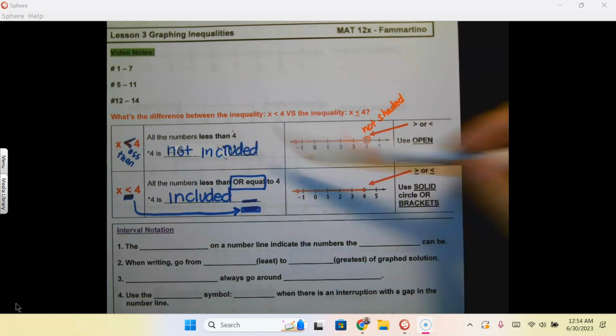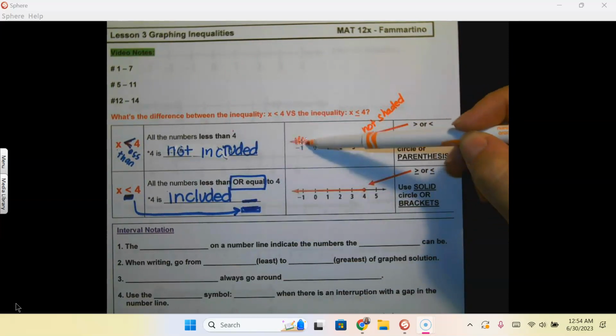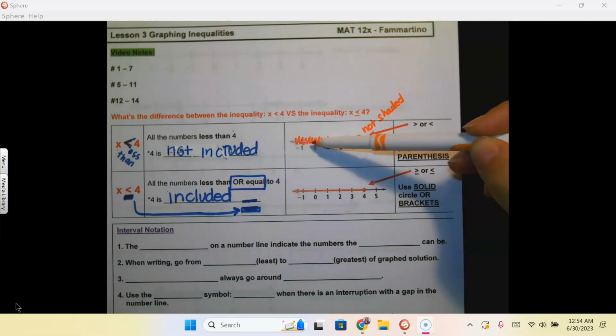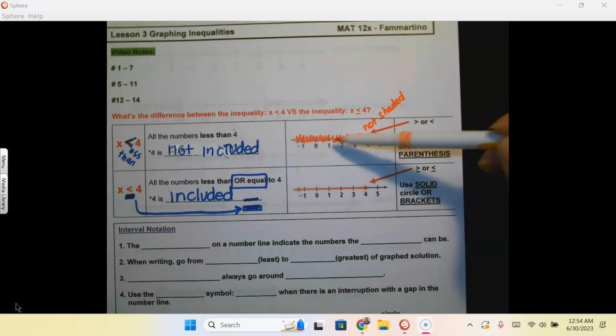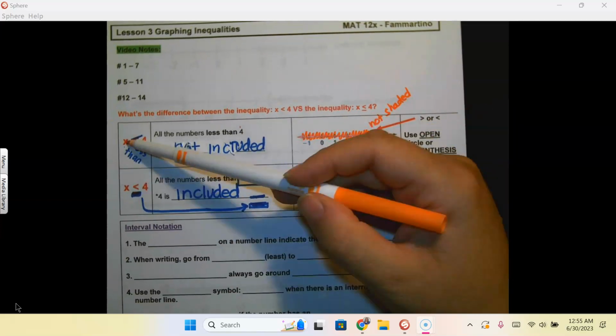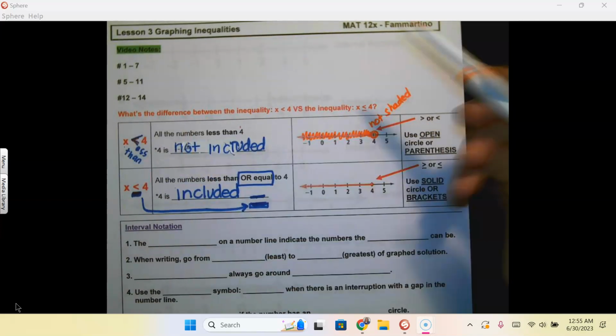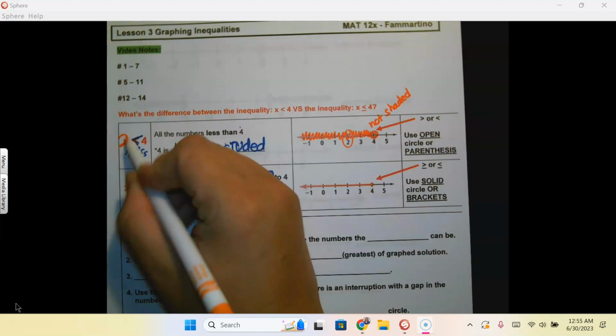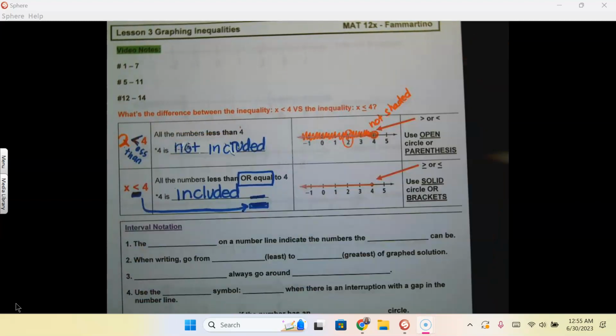And then we're going to shade the side where all the numbers are less than 4. So it'd be all of these numbers here. Again, we're shading the numbers that we can plug in for x. For example, I could plug in 2 for x right here because 2 is less than 4. So you're shading the side where all the numbers are that can go in for x.